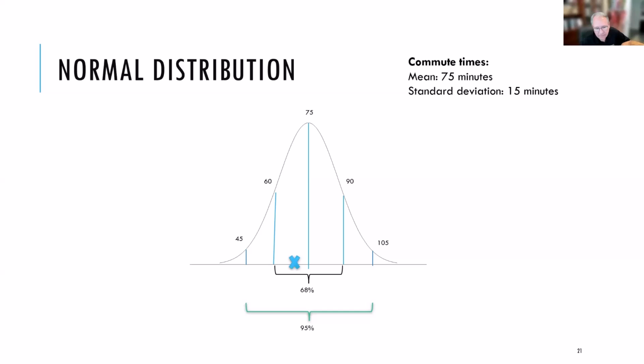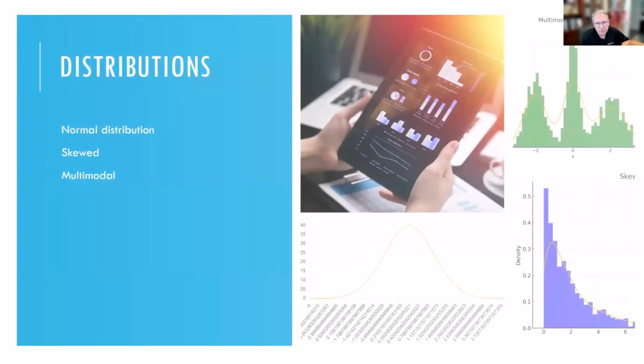So if my commute time today was 70 minutes, that's well within that confidence interval. That would be a normal time. If maybe there was an accident and it took me 110 minutes, that's outside of that range. So that's how important it is to understand a normal distribution.